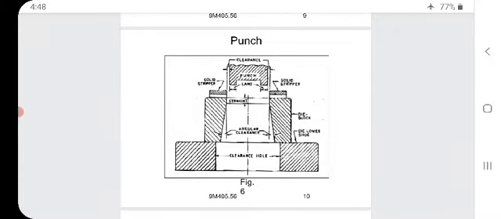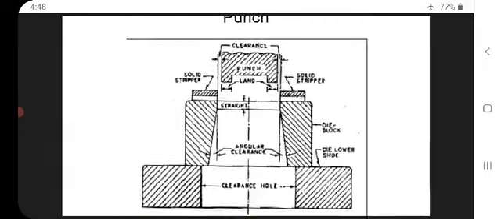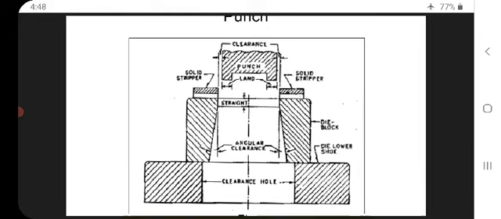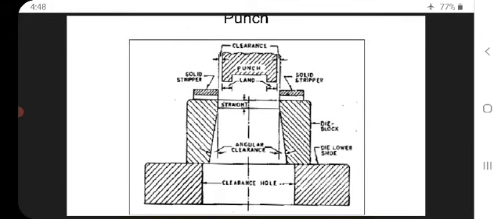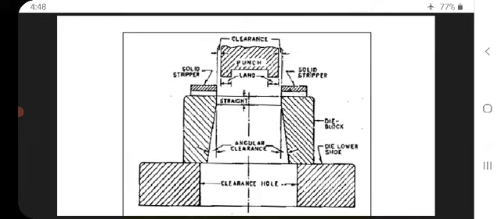See here the figure of the punch. From the top you are seeing a clearance, below that the punch and the land, solid stripper, angular clearance, die lower shoe, and the clearance hole.